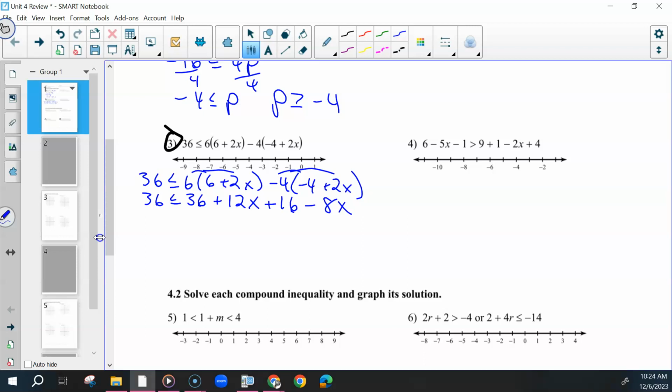Combine like terms. So 36 plus 16, 12x minus 8x. And then get rid of 52, get rid of the 4 by dividing. So subtract. What is 36 minus 52? Someone subtract that to me to get.